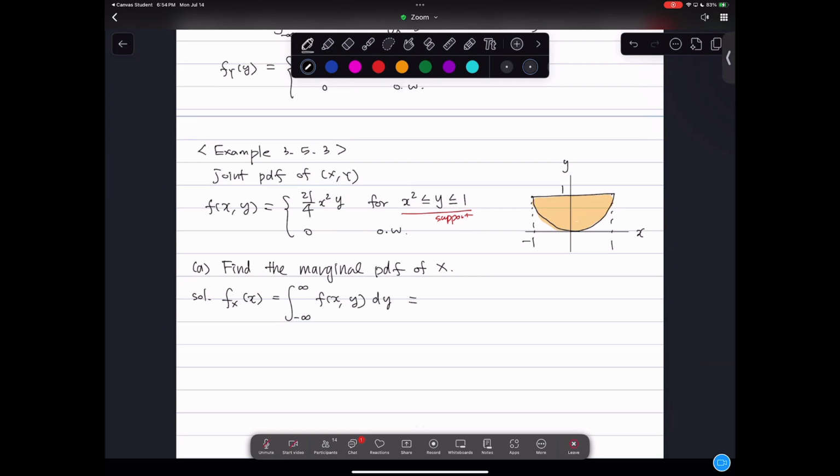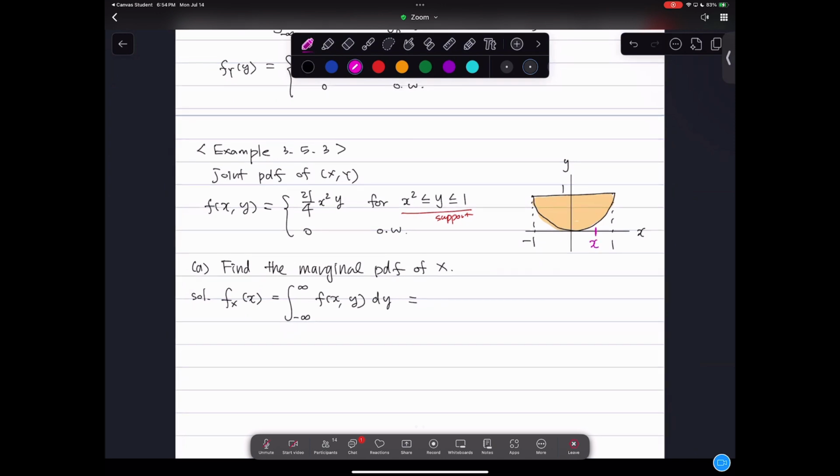I'm looking at a particular x value over here, a fixed x value, whatever that is. So I have to integrate y from this value to that value. The upper end is 1 for sure. The lower end is the curve y equals x squared, so this is x squared. Whatever the x is, your y value is going from x squared to 1.